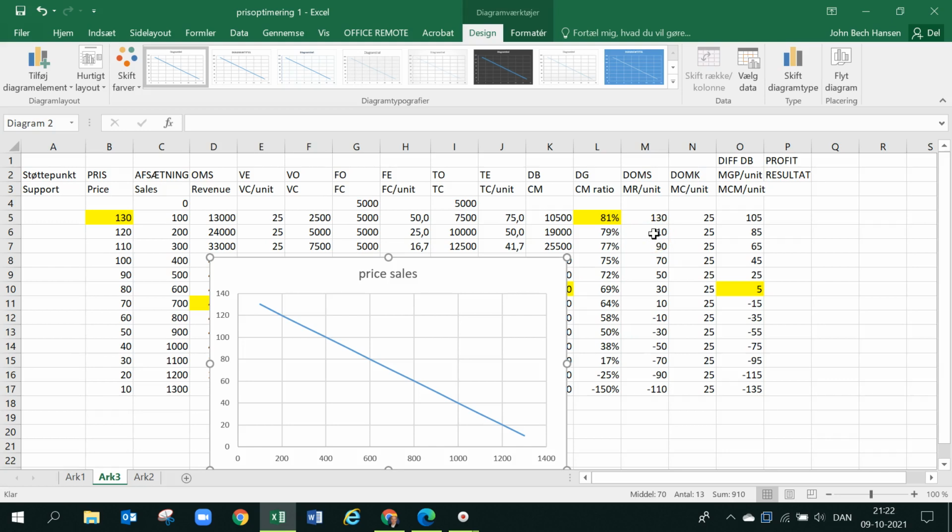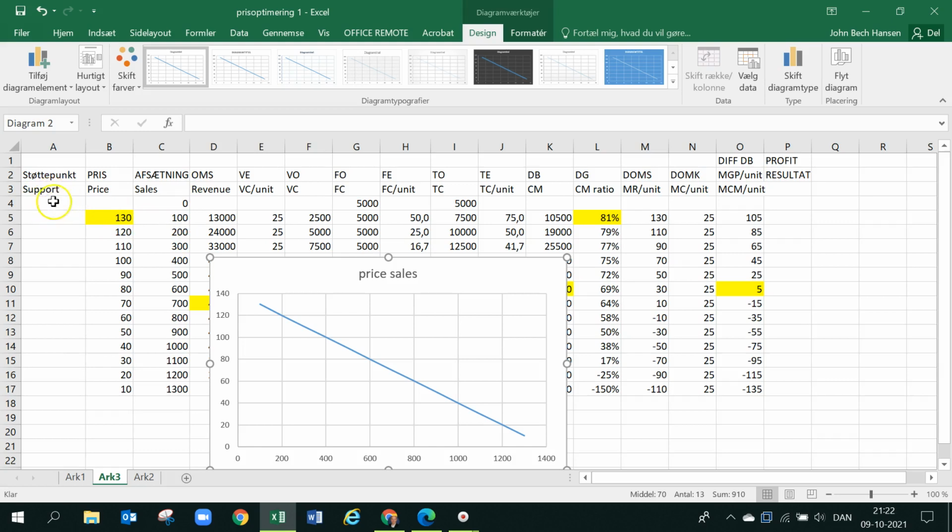Well, that's an average marginal revenue of the 100 units when I'm increasing from 100 to 200. So those 100, on average, will increase my revenue by 110. So in order to get the correct value of the sales, I will pick the middle point being 150.